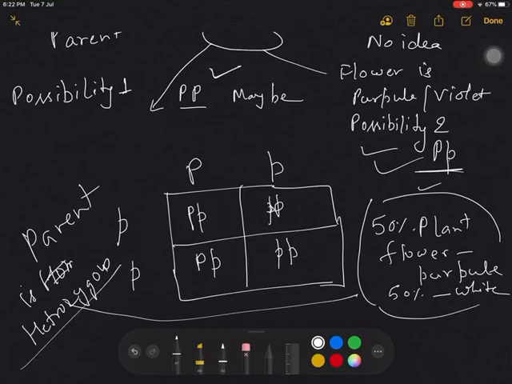So the test cross helps us to find out the nature of the parental plant. This is very clear. Test cross is very important to find out the nature of the plant. How does it take place? By crossing the plant with a homozygous recessive trait.